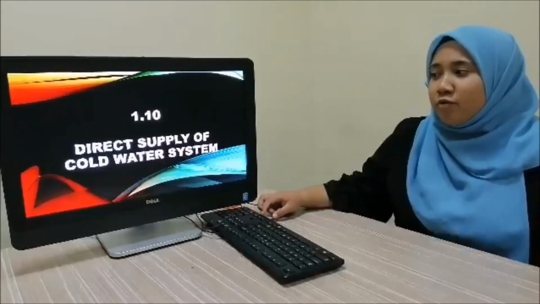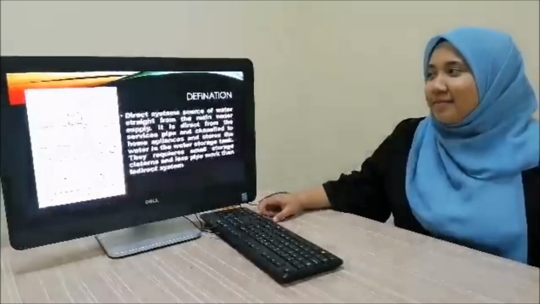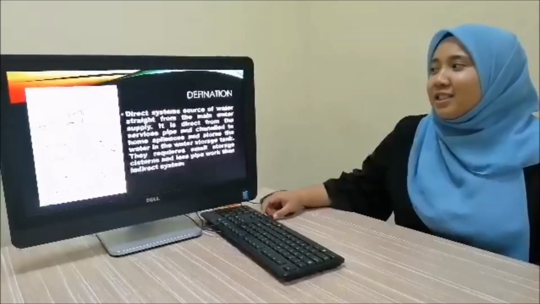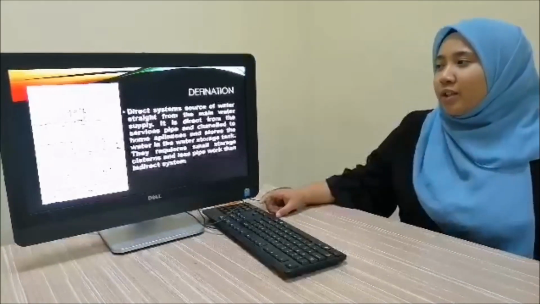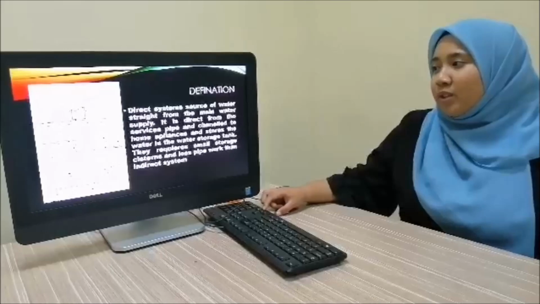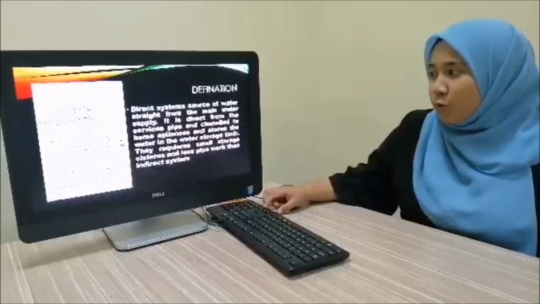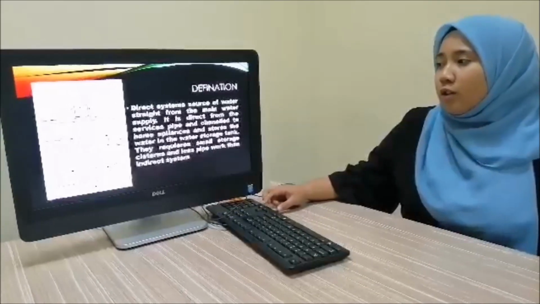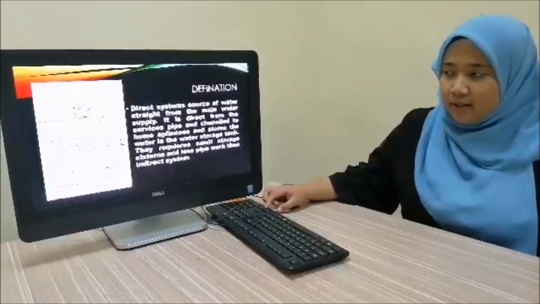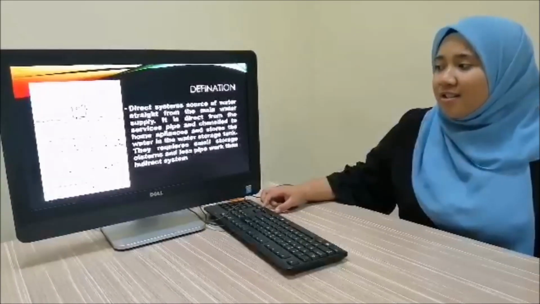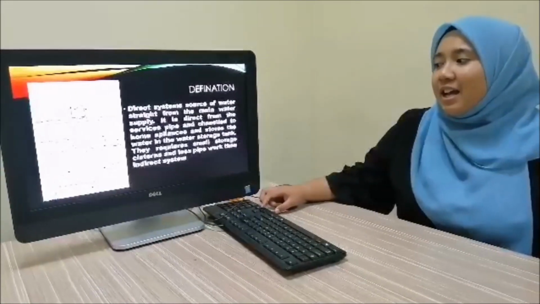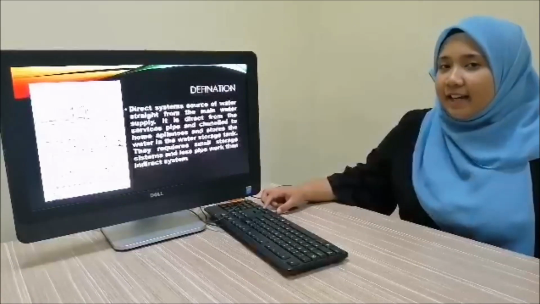Direct supply of cool water system. Definition. A direct system sources water straight from the main water supply. It is direct from the service pipe and channeled to home appliances and stores the water in the water storage tank. They require a small storage system and less pipework than indirect systems.